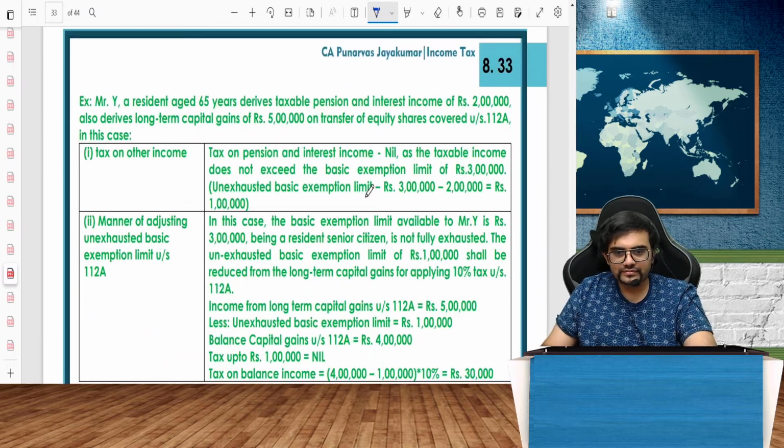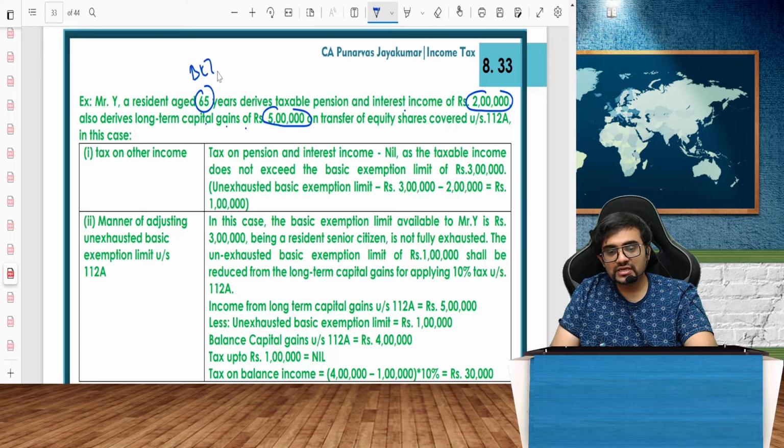Example. Mr. A, resident, 65 years, derives taxable pension and interest income of 2 lakhs. Also derives long-term capital gains of 5 lakh. For a 65-year-old, what is the basic exemption limit? 3 lakh. Overall, how much is it? 7 lakh. Will you do 7 lakh minus 3 lakh?